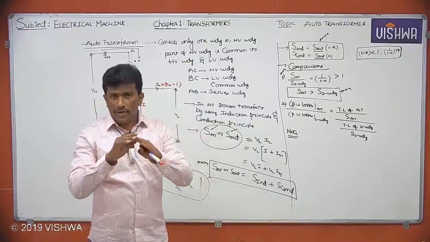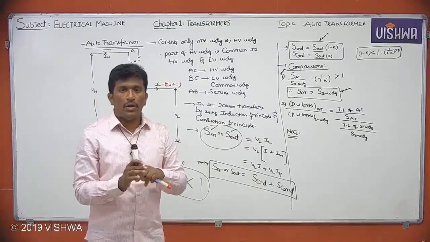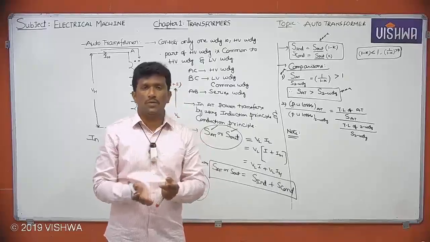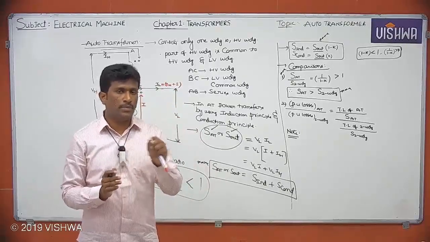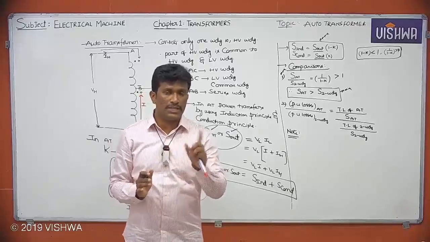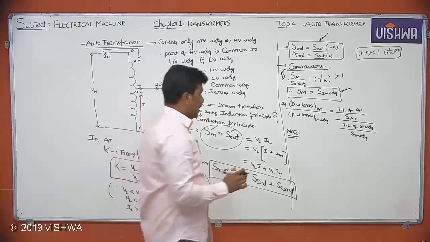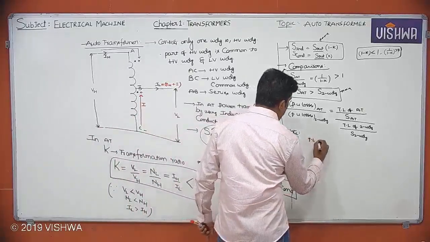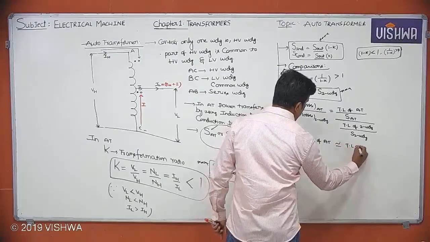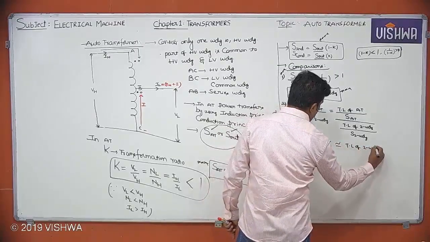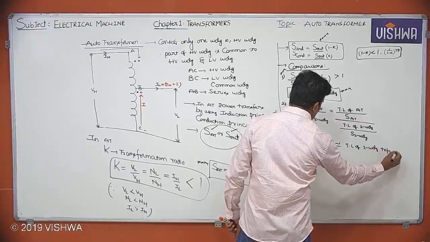Total loss of auto transformer and total loss of two-winding transformer will be approximately equal. Please try to remember this as a note. Approximately, not exactly, approximately the same. So I can write here: total loss of auto transformer is approximately equal to total loss of two-winding transformer. So this is a note.